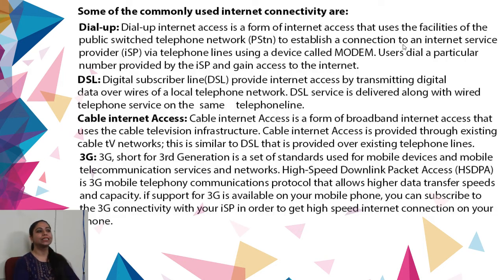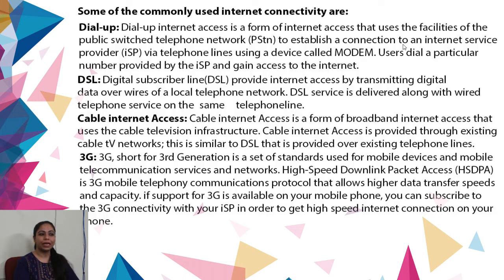The next is DSL. DSL stands for Digital Subscriber Line. This is comparatively faster than dial-up, and you get the signals to connect to the internet in digital form. You get the connection through your telephone line only.